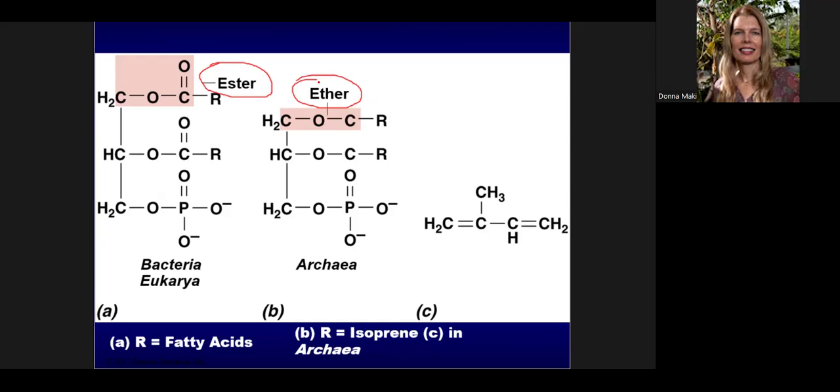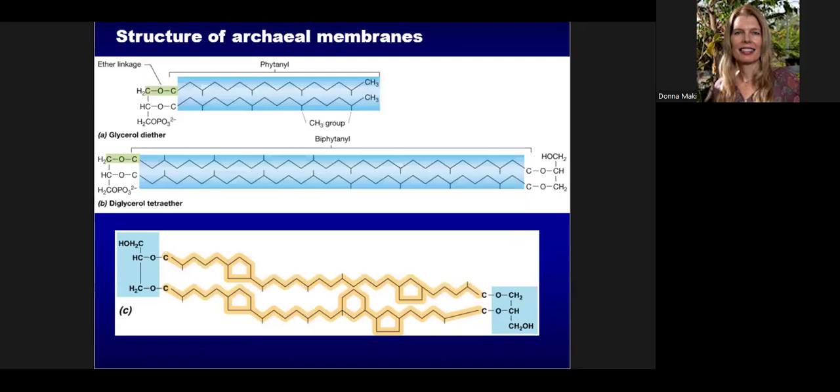So let me show you what I mean by some of the archaea. So here we have some archaea and some funky things going on here. Well, first of all, you can see they're showing the ether linkage. So right there, that's a tip off. It could be the archaea. And then all of those ziggy-zaggy things, those are isoprene units that are bonded end to end.